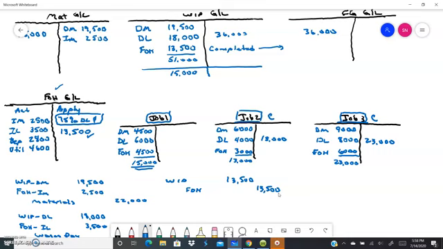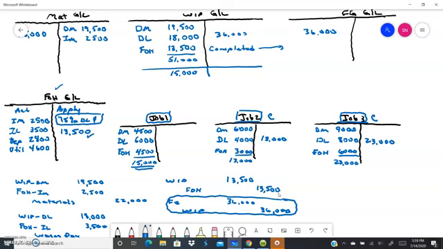So the entry to record that would be debit finished goods inventory, 36,000, credit work in process, 36,000. And again, that's really the key entry, because that really tells us that that's the cost of our completed jobs.